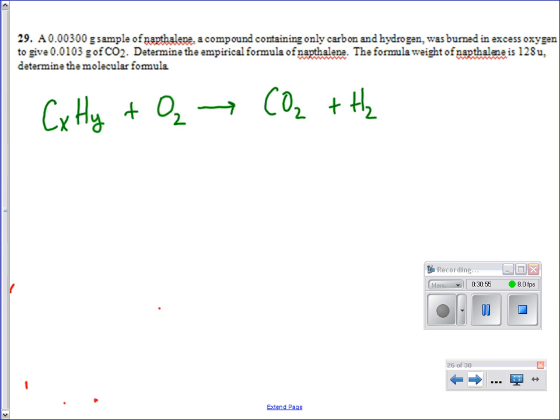In this particular problem, they say that when they combusted 0.00300 grams of this stuff, they produced 0.0103 grams of carbon dioxide. That's all the information they give us. They say, okay, find the empirical formula, find the molecular formula. So if we're trying to find the empirical formula, what are we looking for?